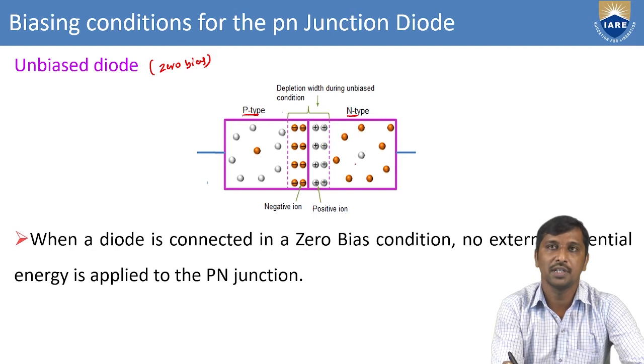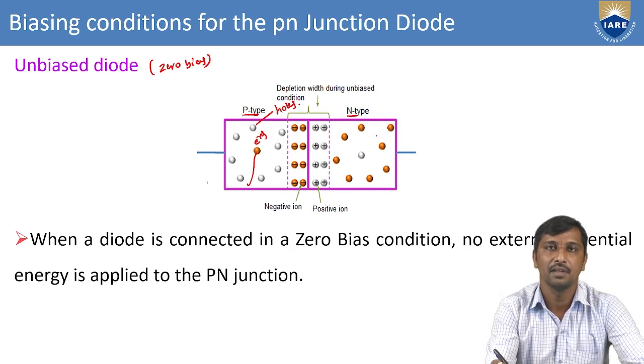So we already observed that based on the doping concentration, the P-type semiconductor contains majority charge carriers that are holes, and the minority charge carriers are electrons. Similarly, in the N-type material, pentavalent impurities are added to the intrinsic semiconductor, and it becomes an N-type extrinsic semiconductor.